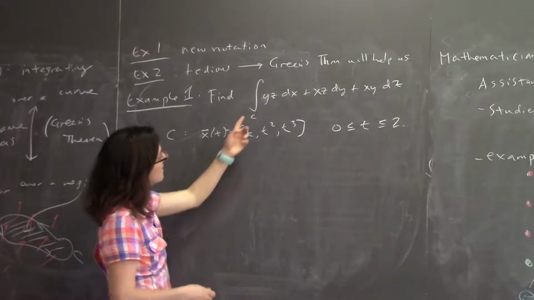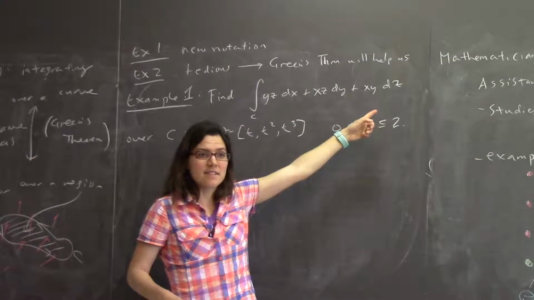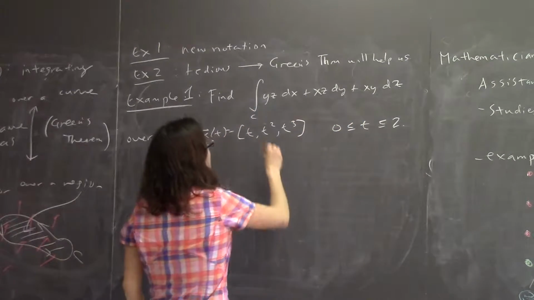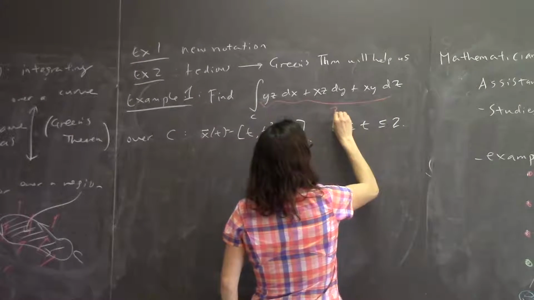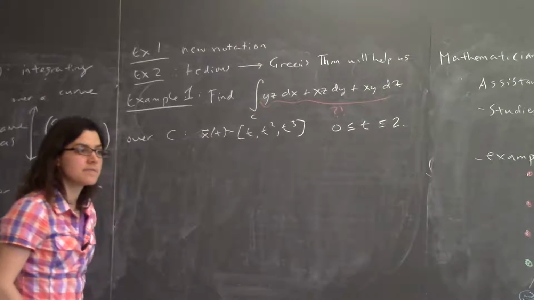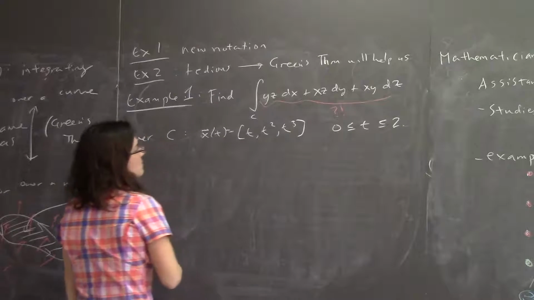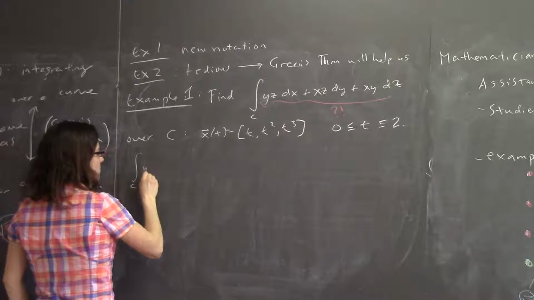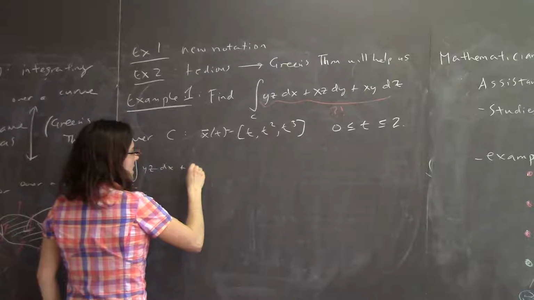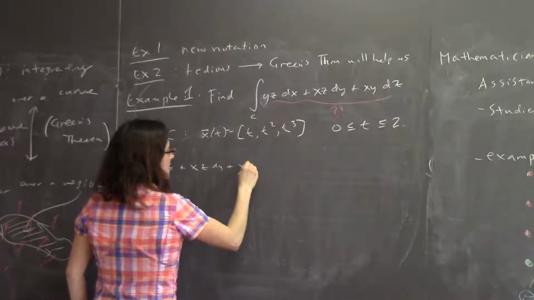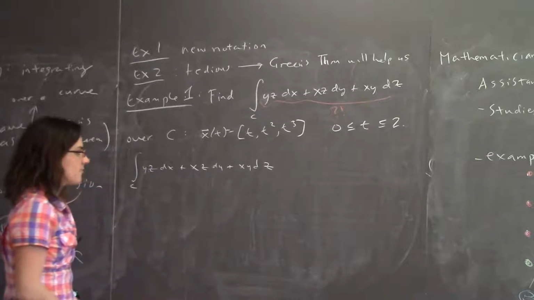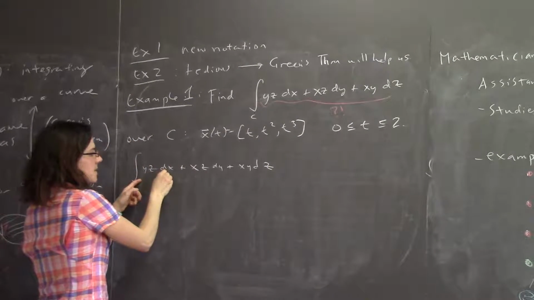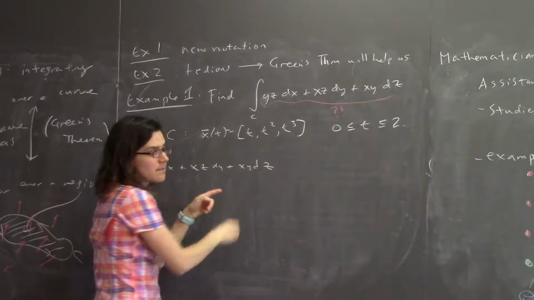That I understand. But this, what is this? This we have not seen. So you might wonder, what on earth is this? Let's try to figure out what it could mean and then see why it's helpful. So the integral over C of yz dx plus xz dy plus xy dz, you might notice it's something times something plus something times something plus something times something.